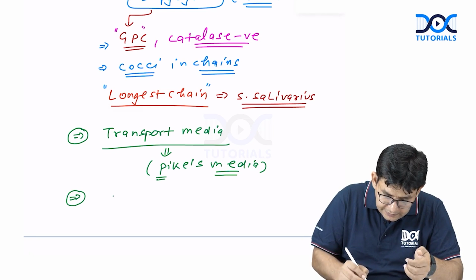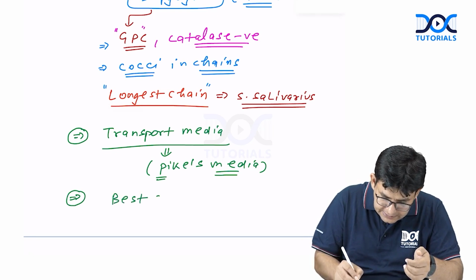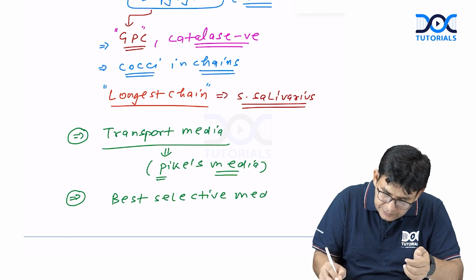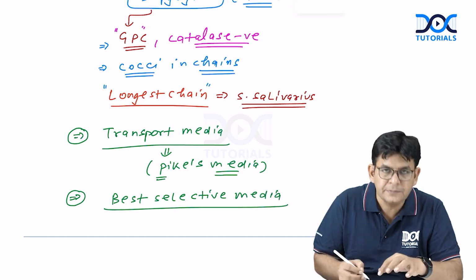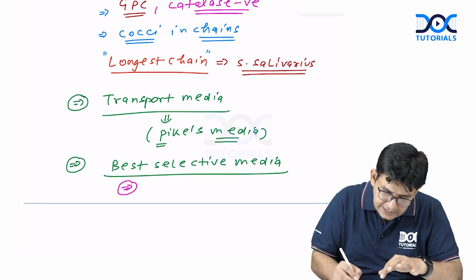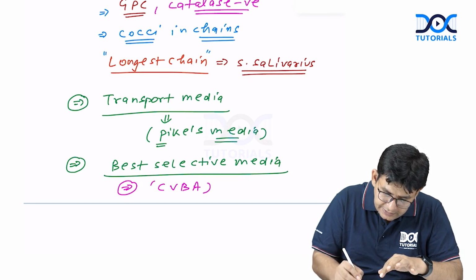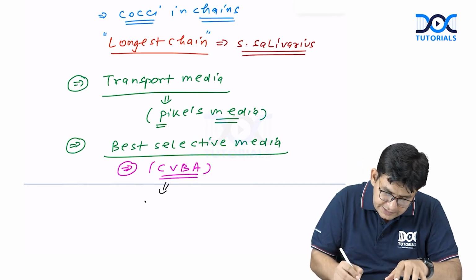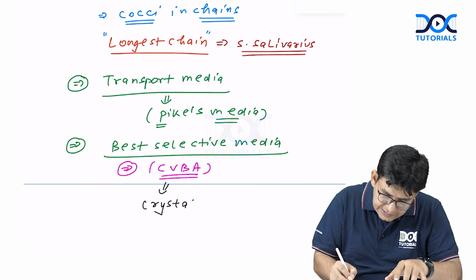Then the best selective media, if somebody asks you for Streptococcus pyogenes, is what, guys? That is CVBA. And what is CVBA?